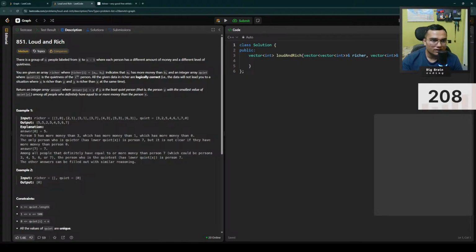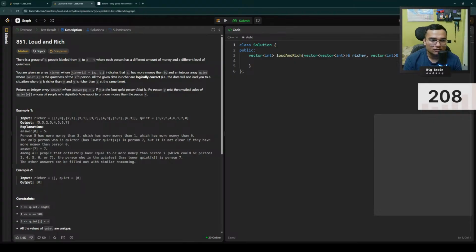There is a group of n people labeled from 0 to n minus 1 where each person has a different amount of money and a different level of quietness. You are given an array richer where richer[i] equals [ai, bi] indicates that ai has more money than bi, and an integer array quiet where quiet[i] is the quietness of the ith person. All the given data in richer are logically correct.